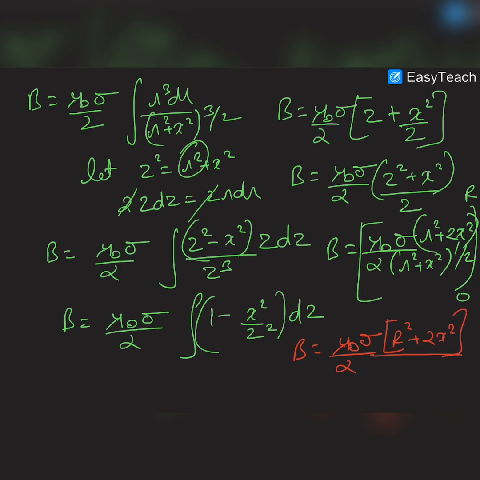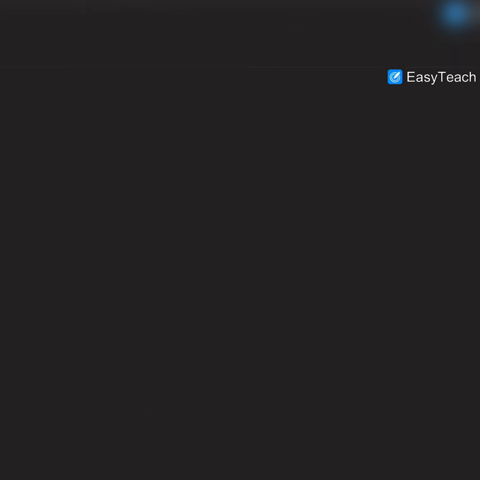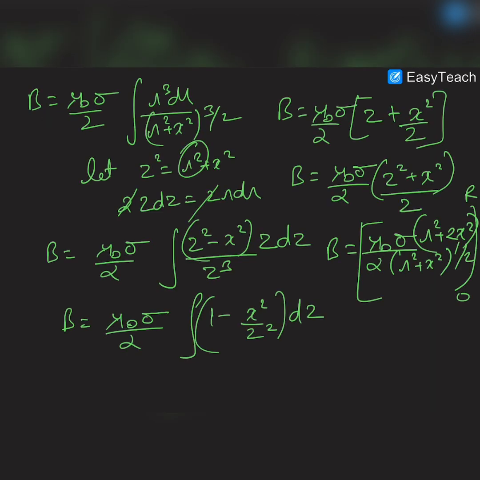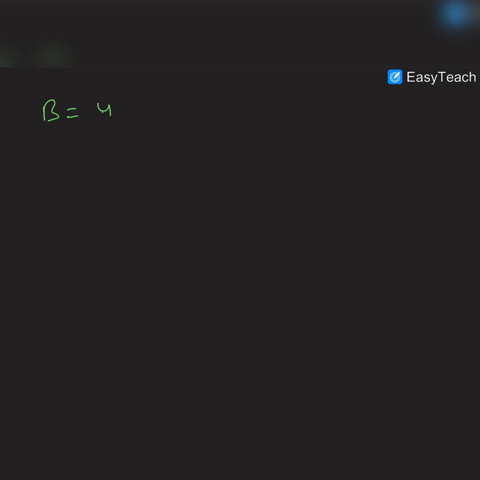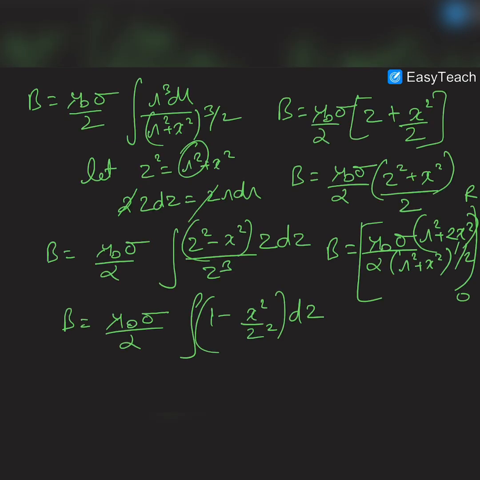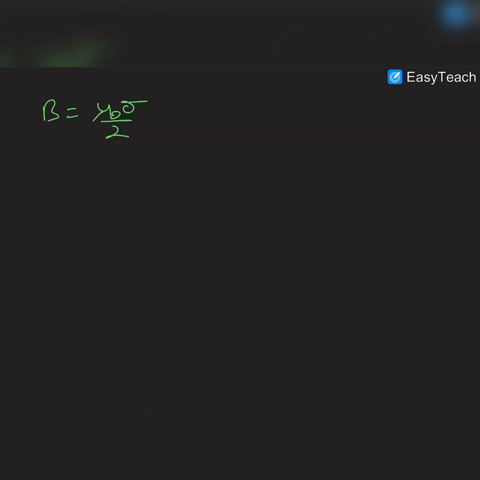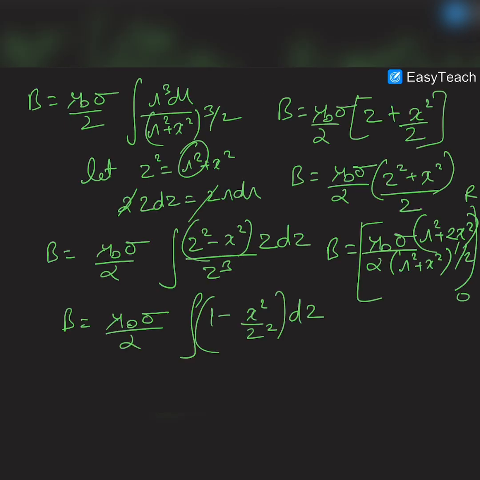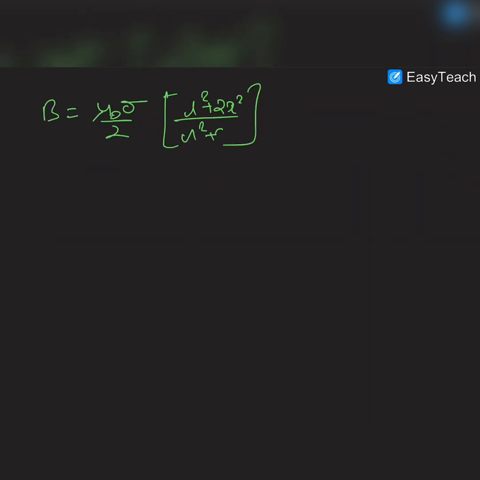Let us use the next page, one second, yeah. So B will be equal to mu naught sigma by 2 and r square plus 2x square upon r square plus x square to the power half.